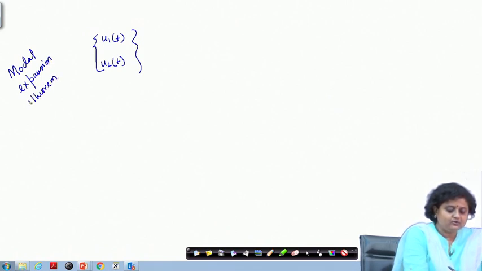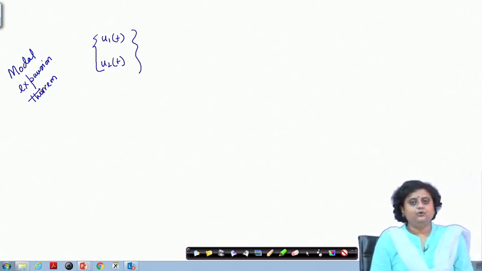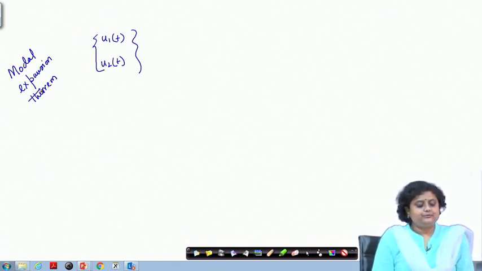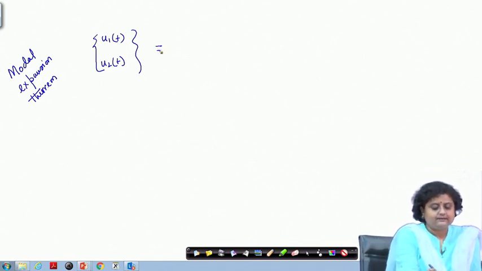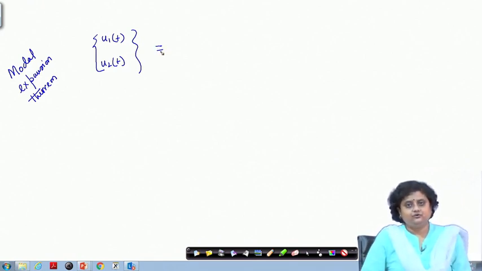We are just going to implement this in this numerical problem. We have said earlier, by using the modal expansion theorem, that any arbitrary response of a multi-degree of freedom system can actually be written as a linear combination of the normal modes of the system.